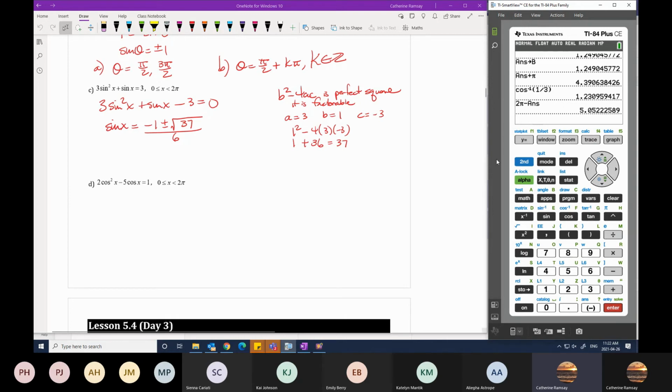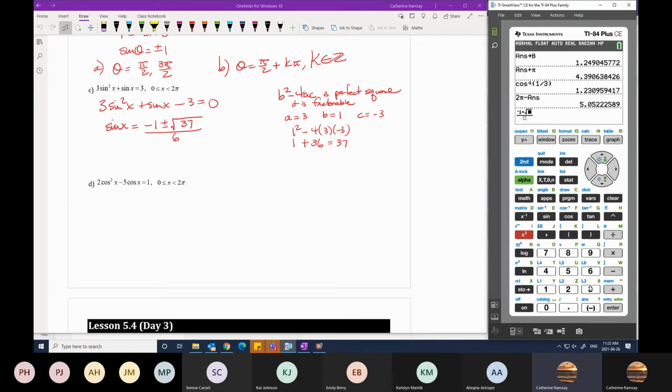Because this whole thing is divided by 6, sometimes it's easier to go alpha y equals to get the fraction key, which is number 1. So then it's going to be minus 1, plus the square root of 37 over 6. And that is 0.847, blah, blah, blah. And you may want to store this in your calculator.